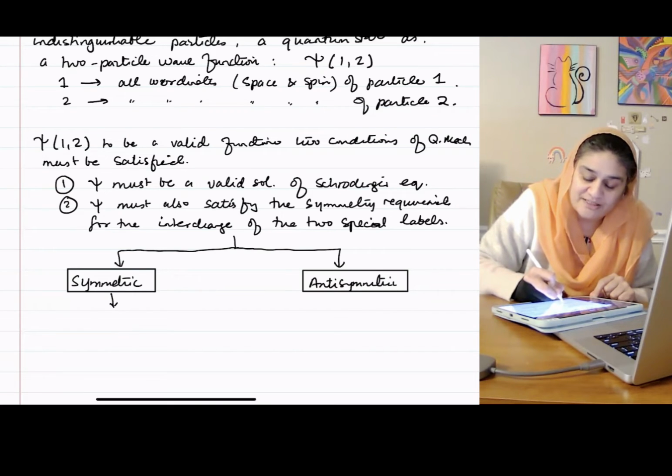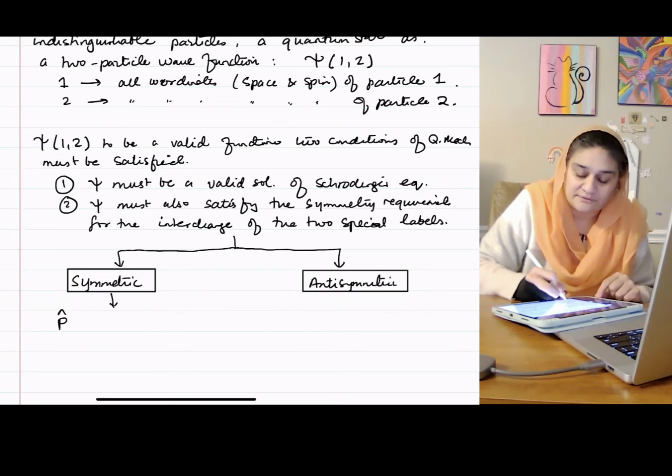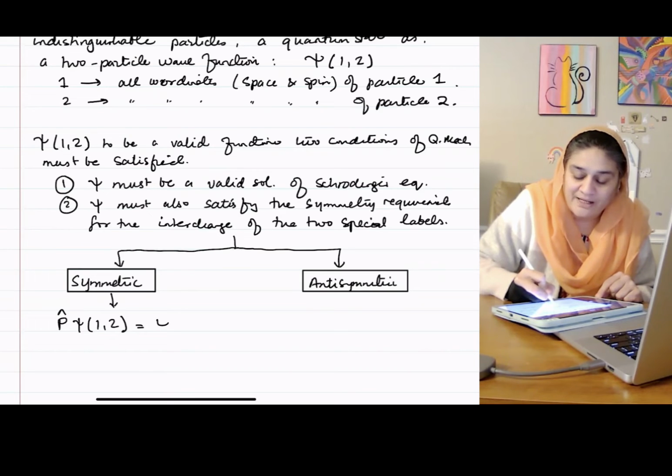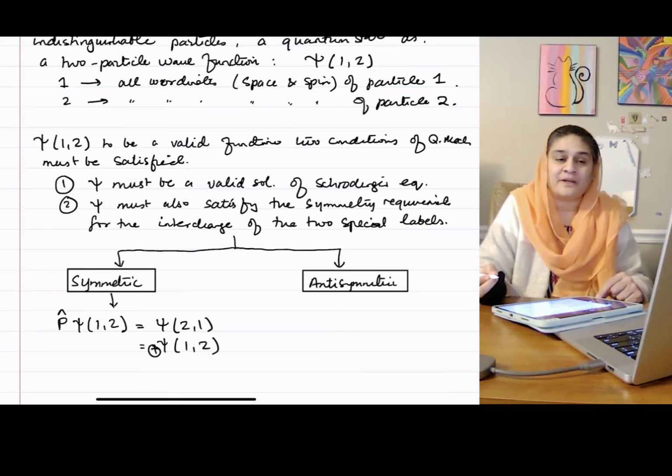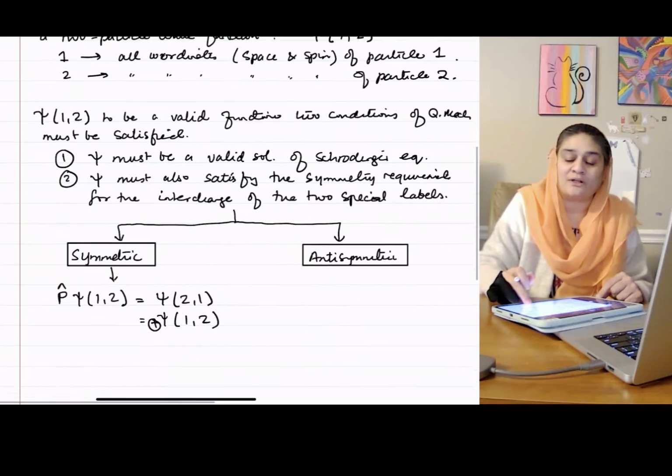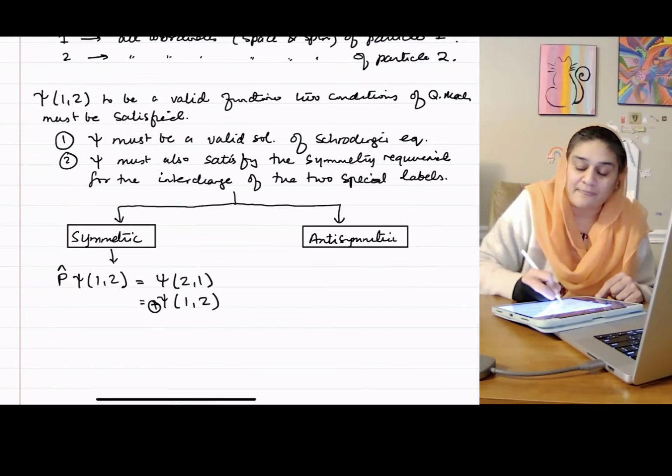So basically, for symmetrical particles, if an operator exchanges 1 and 2, the value of this exchange is the same as the one it was before, and a plus sign pops up, then this is called symmetric. And the particles that follow this are called bosons.